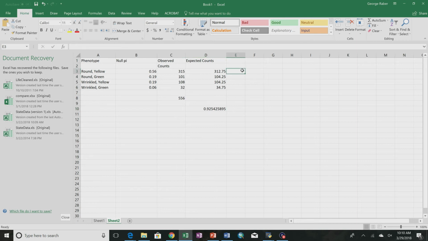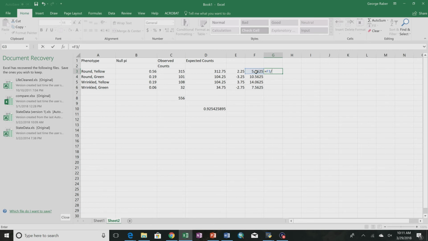All right. But let's also do this again, where we say it's the observed minus the expected. Add all those up, and then square them. This times this. Add those up.